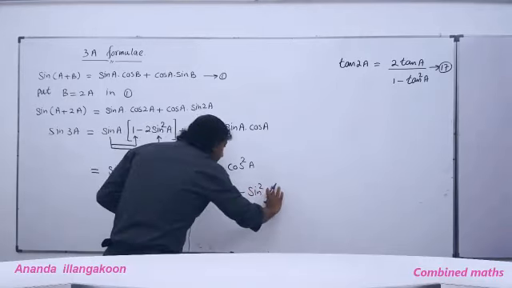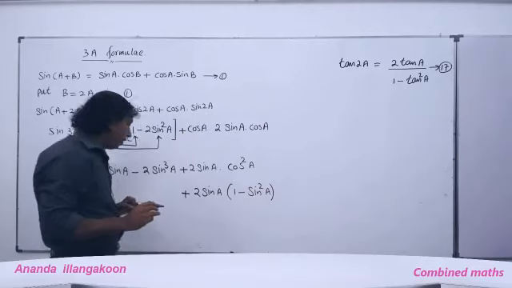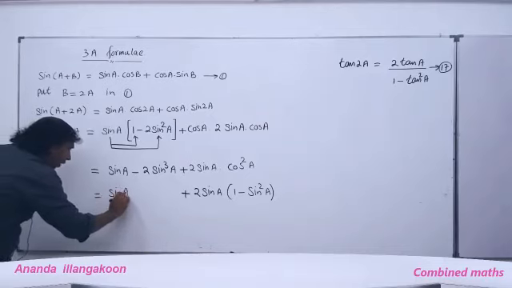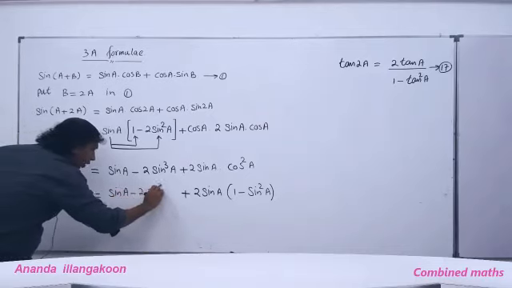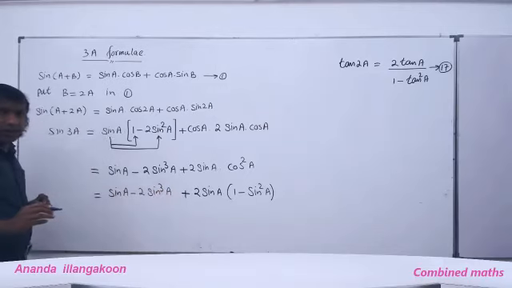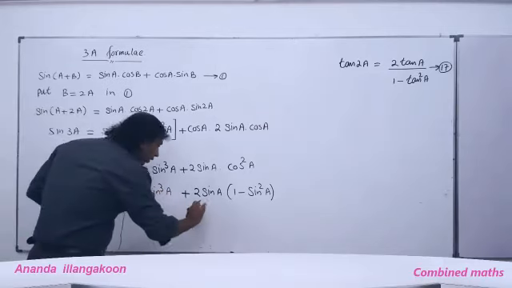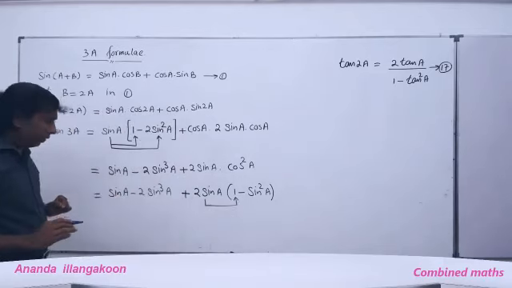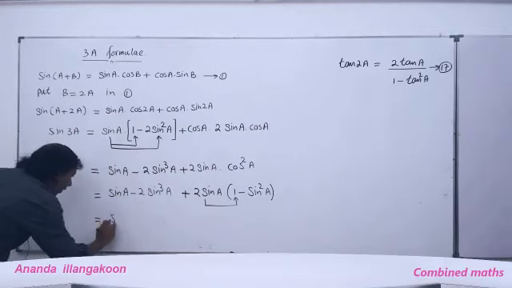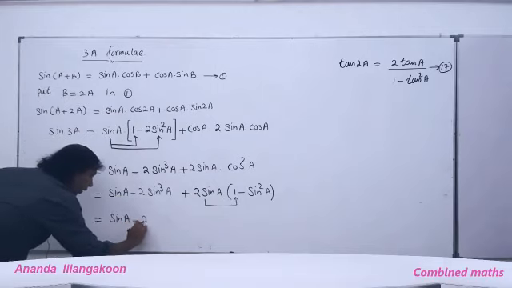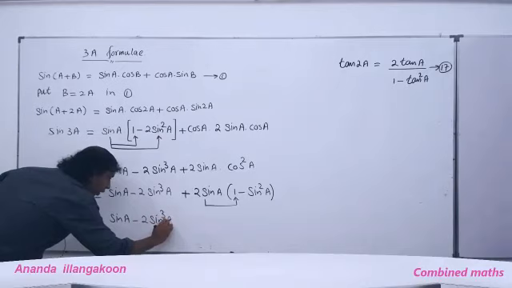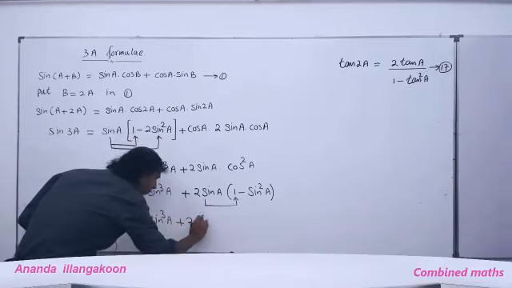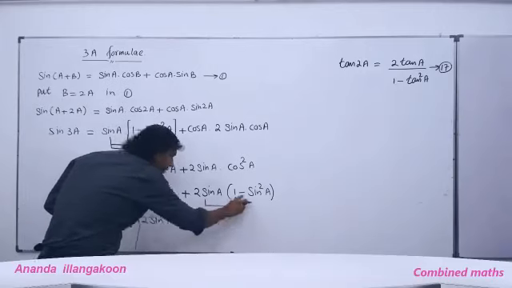Okay, 1 minus sin squared A. And here the left hand side we have sin A minus 2 sin cube A. People, now we can simplify this furthermore. This 2 sin A multiplied by this 1 is 2 sin A, right? So then here we have sin A, and here 2 sin cube A, and this when you multiply, we get 2 sin A, plus and minus make minus.